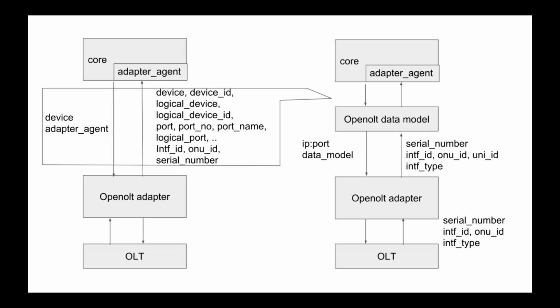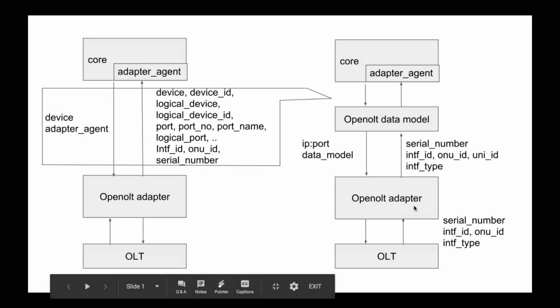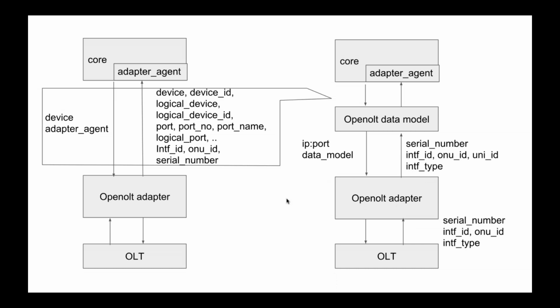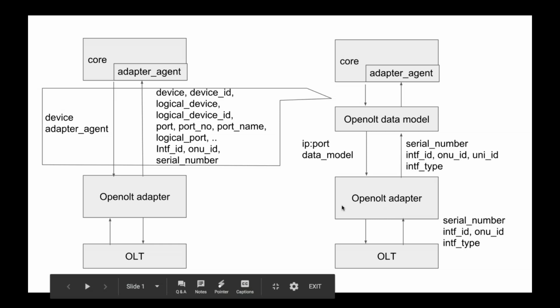This is about how we can reuse a core part of the OpenOLT adapter across 1.x and 2.0, because 1.x is going to be around for 4 months, 6 months, or something like that, and it's a good place to test out things as we develop 2.0.